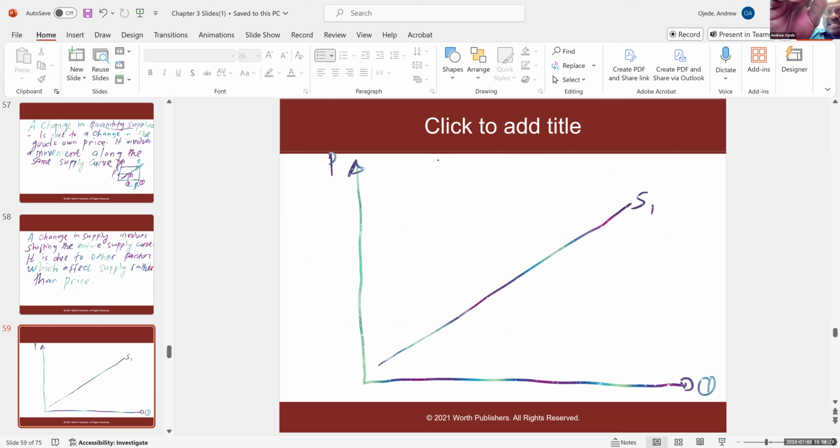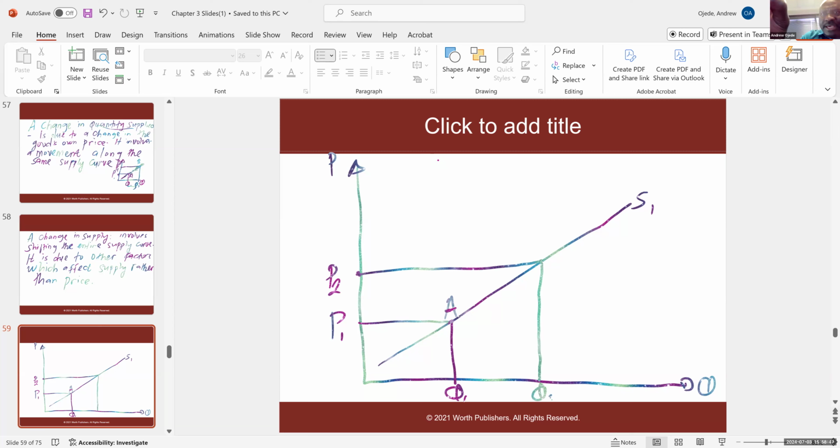Let's say my price here was P1, corresponding to this Q1. So I would be at point A on the supply curve, right? When the price increases to P2, the quantity supplied also increases. We call this an increase in quantity supplied because it's due to a change in price. We move to point B.